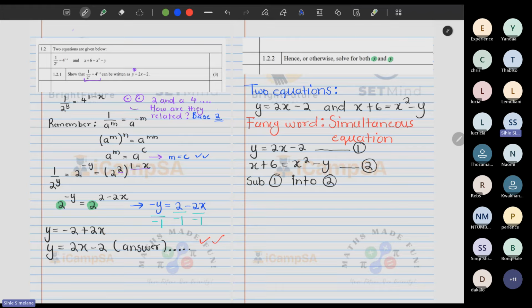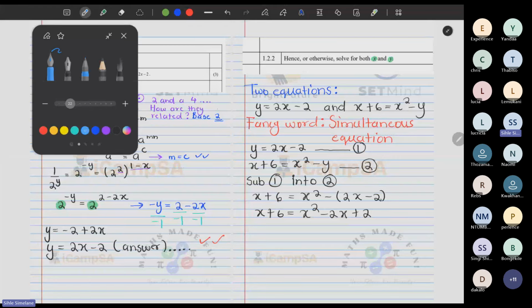Okay, so let's go ahead. This means now I'm going to have x plus 6 equals x squared minus y. Wherever I see y, I have 2x minus 2. So I have x plus 6 equals x squared minus 2x minus minus 2, that becomes 2.